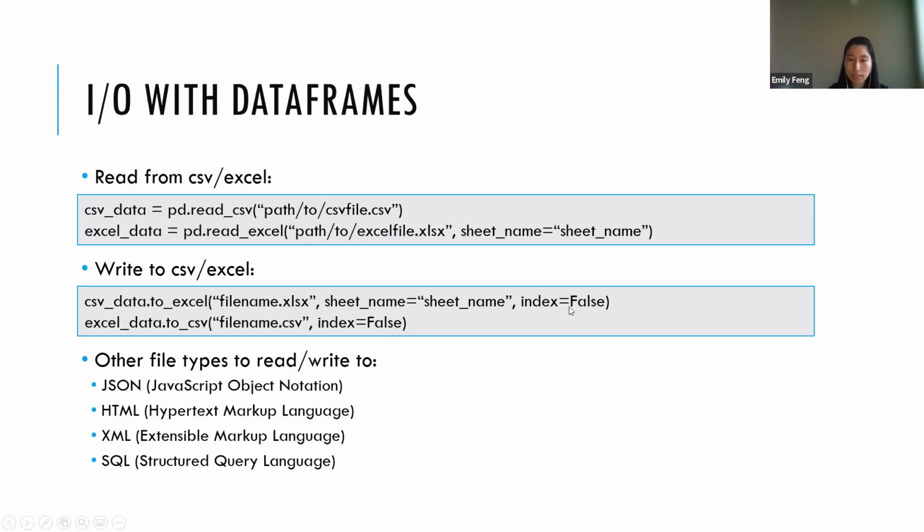Here there is an index, and by default index equals true, which will include the row indices in your output file. It will just number your rows 1 to however many rows you have. But oftentimes you don't really need that, so I usually just put index equals false.